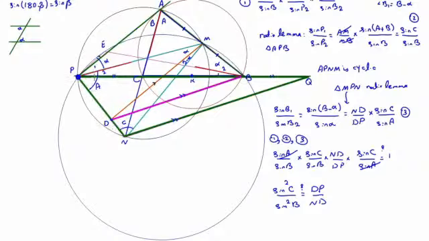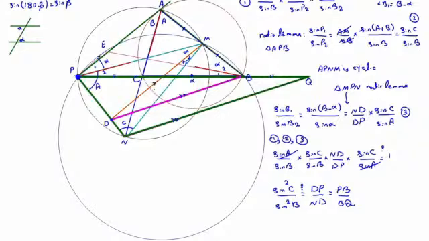ND is what? It is PB over BQ. So let's write DP is PB. Instead of ND, you can write BQ. So we should prove this. Now if you see, PBQ are not related to all these points.